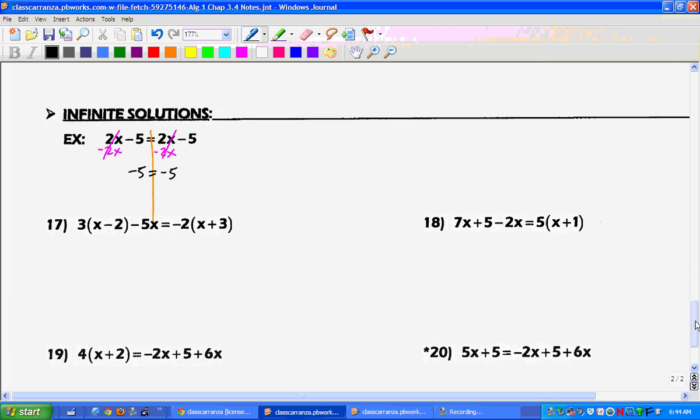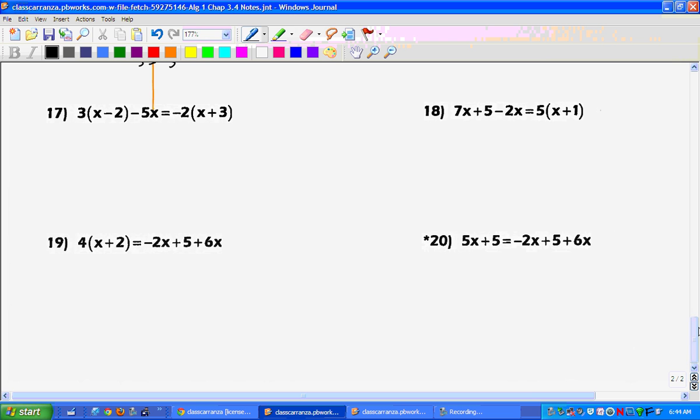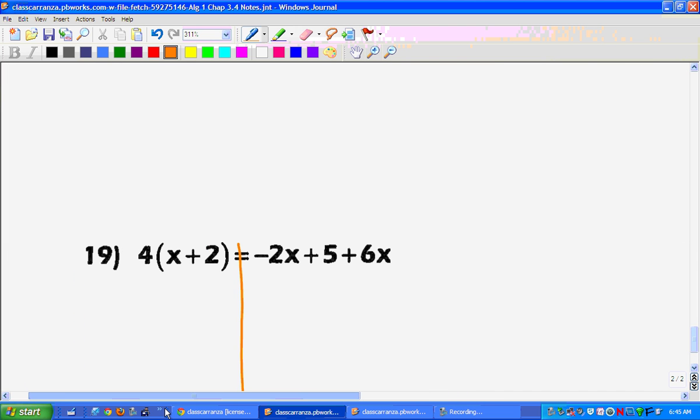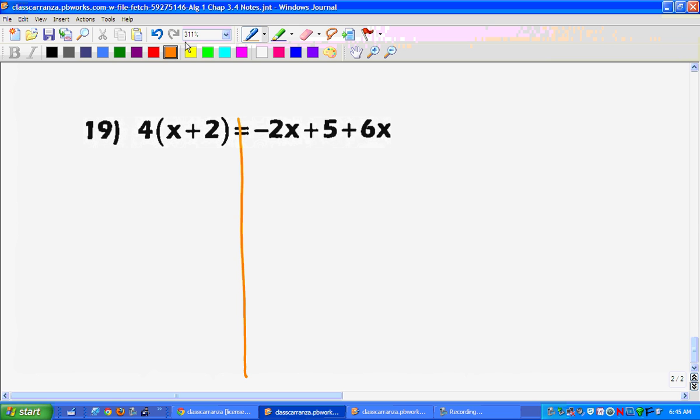So let's go through 19 and 20. Zoom in just a little bit. All right. Let's distribute over here, and we get 4x plus 8 equals, combine your like terms, 4x plus 5.